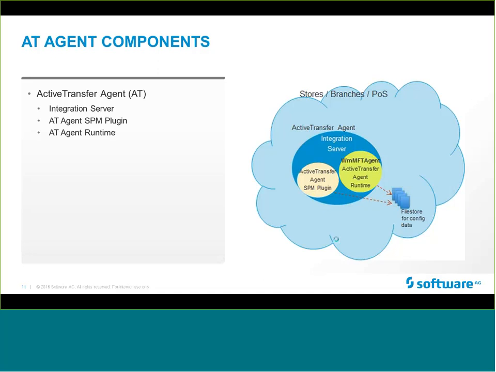Those of you who already use Command Central might know you get an SPM whenever you're managing remote instances through Command Central, so there'll be an SPM plugin. And then we have a package that's core to the ActiveTransfer agent, which provides the agent runtime pieces sitting directly on top of the Integration Server.